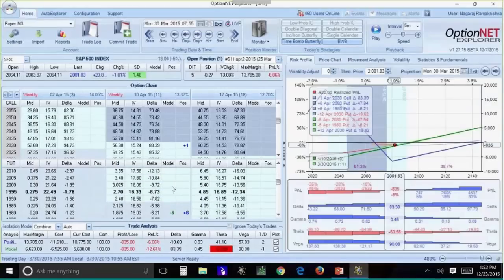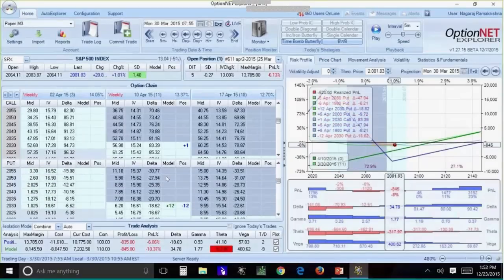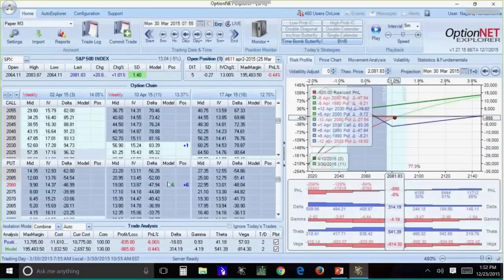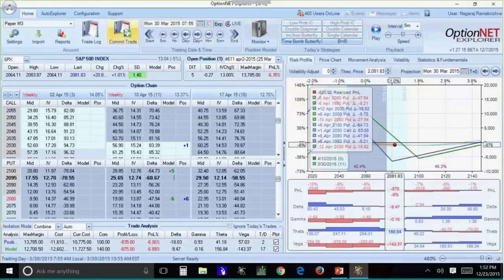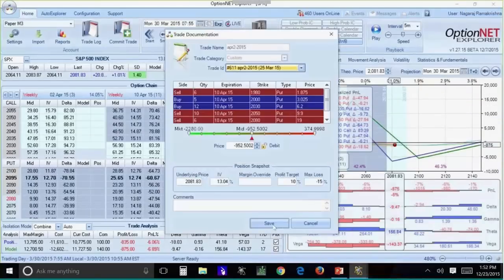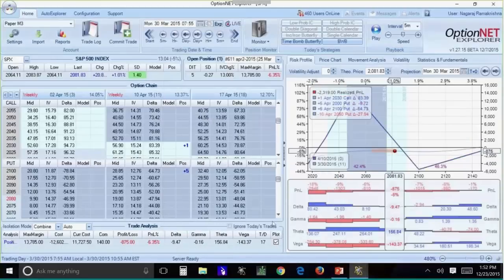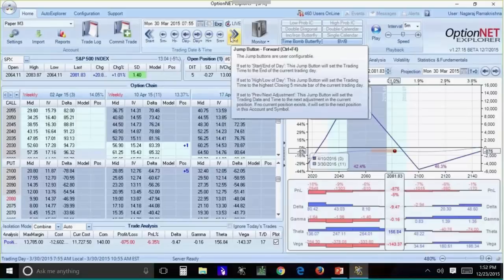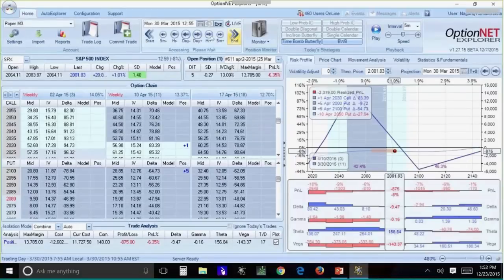This brings us 5 here. This trade closed the next day at 7:20.